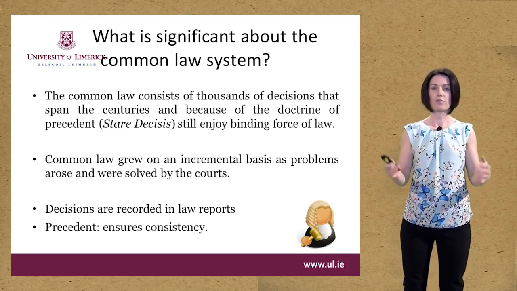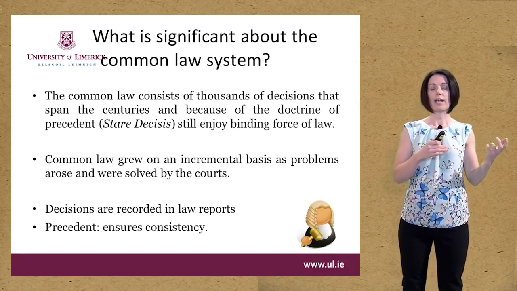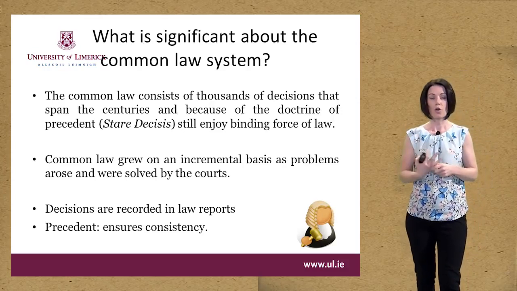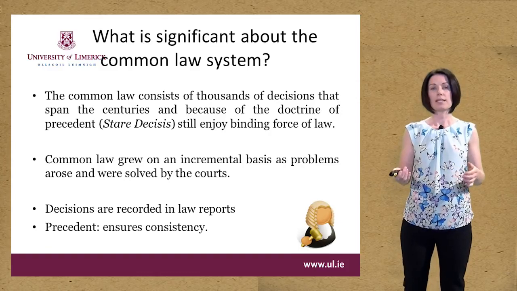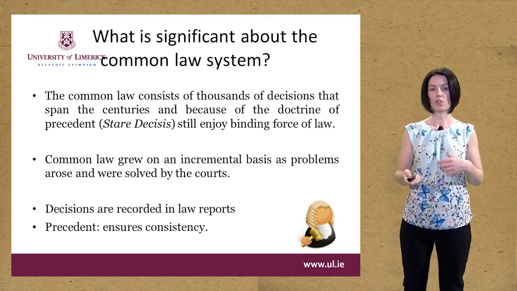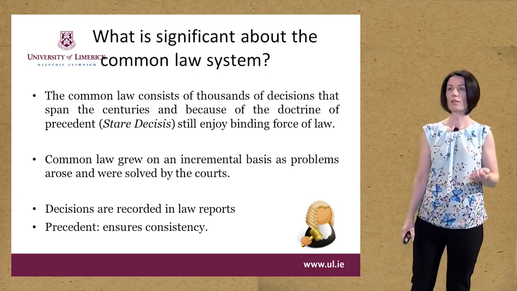It's a system of judicial decision making based on precedent, with later cases following earlier decisions. The decisions are recorded in law reports, and I'll talk more about those later. And basically it's based on the fundamental principle of precedent, which ensures certainty, consistency and predictability in the law.